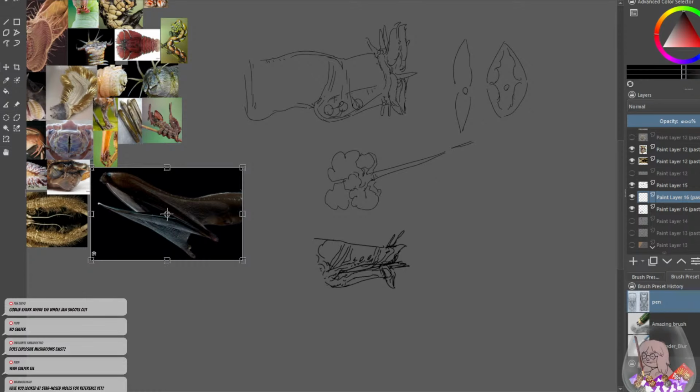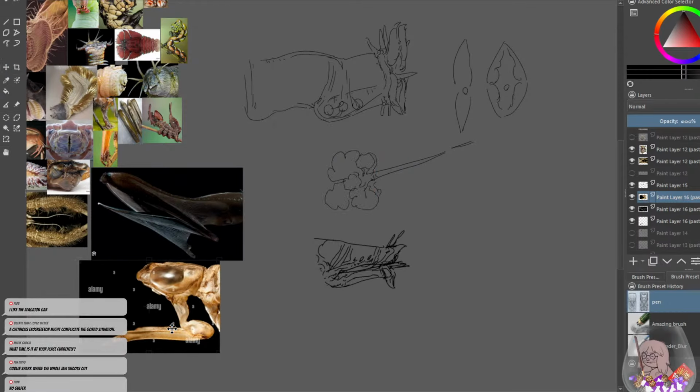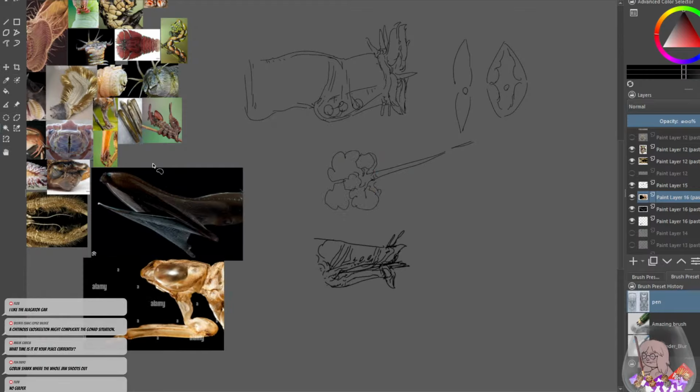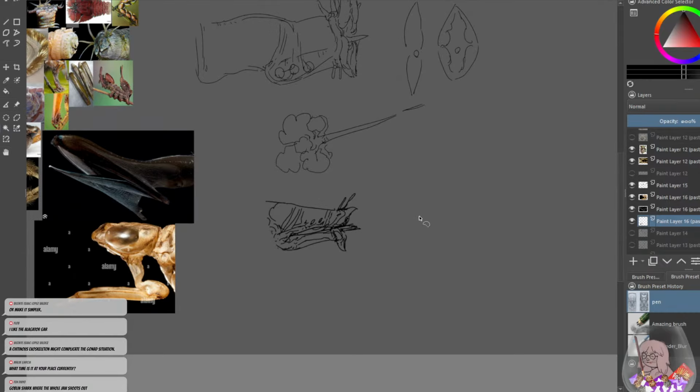Is there like a yeah? There you go. This is a good picture of it. Yeah, something like this. I definitely want the ball sack to look more like something that has mechanical tension in it.